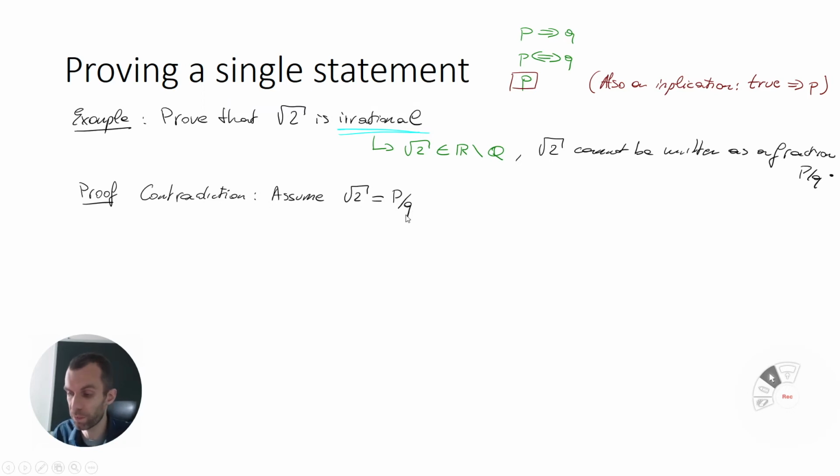So here in particular what we're going to do is we're going to also demand that these p and q are natural numbers. That's the definition of a fraction, but without common factors.